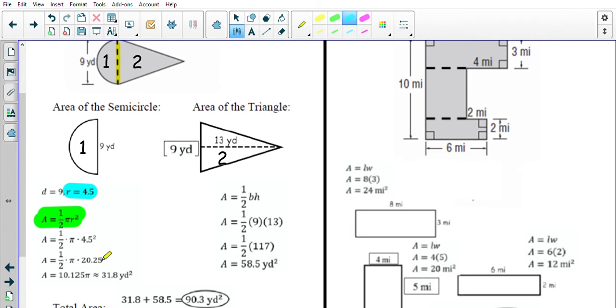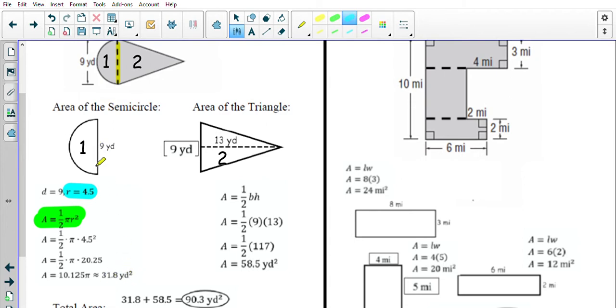And I'm going to stress that it would not be a bad idea for you to pause the video and try plugging these into your calculators yourselves. Half times pi times 20.25. I did half times 20.25 to get 10.125 pi to write an exact answer in terms of pi. That's approximately 31.8 yards squared.